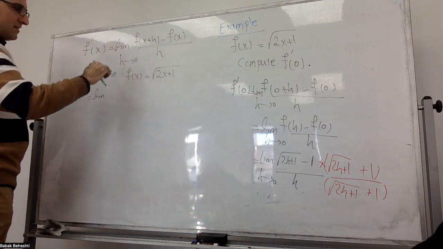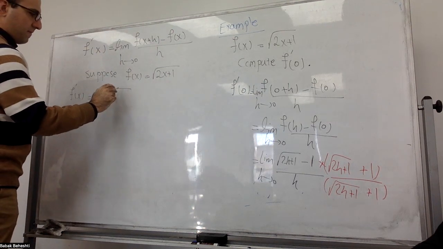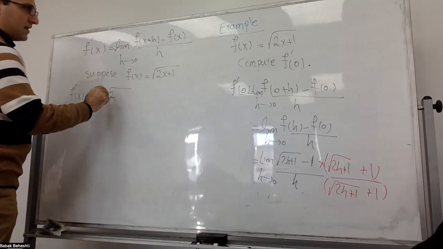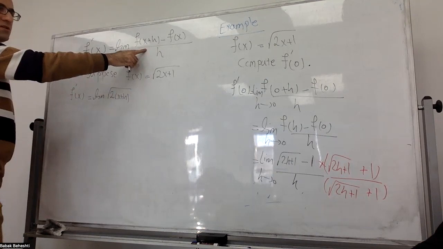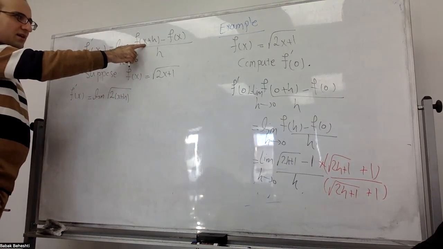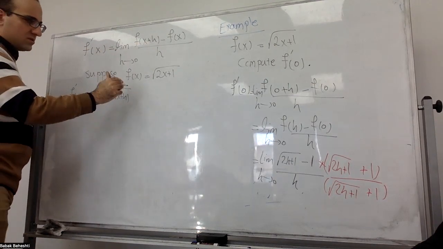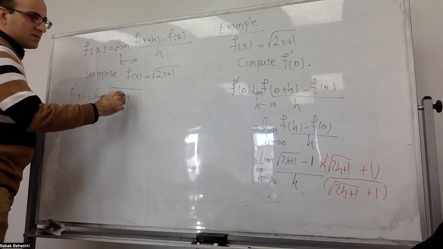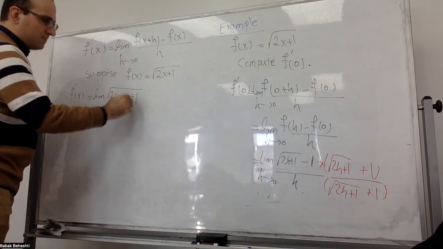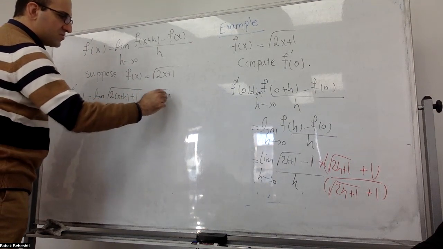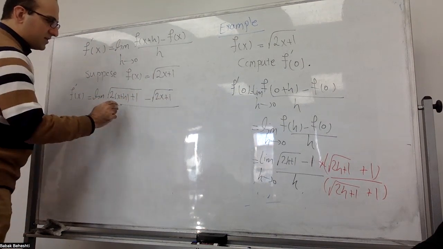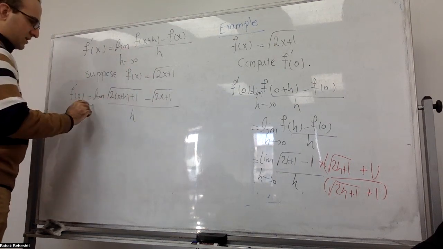So I'm using this formula. f of x plus h is root of 2 times x plus h plus 1. f of x is just root 2x plus 1, divided by h, as h goes to 0.